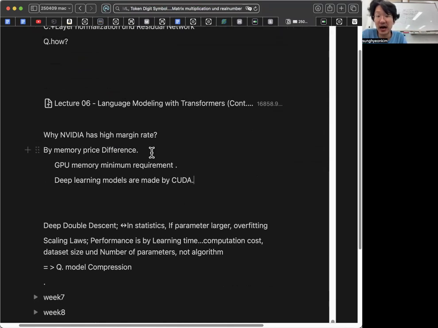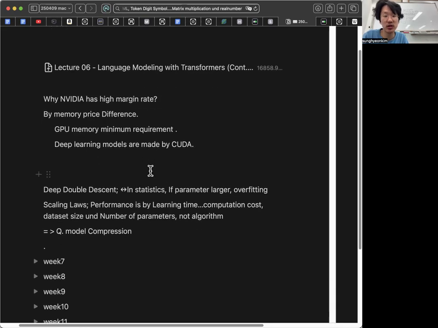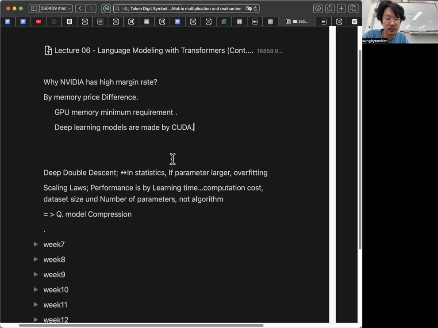And we can think of how NVIDIA also has a very high margin, because their price policy is based on memory price. If the minimum GPU memory requirement isn't satisfied, researchers can't even run the model. That's the issue: researchers and developers have to buy NVIDIA's expensive GPU memory.